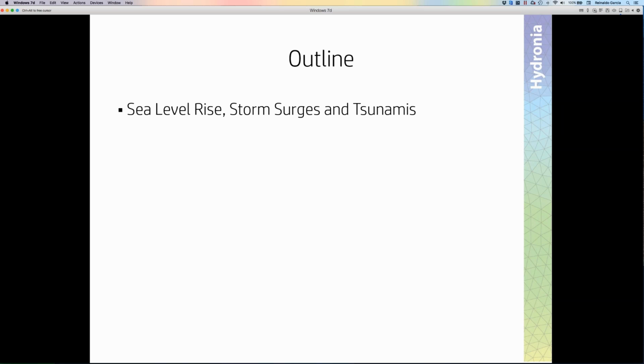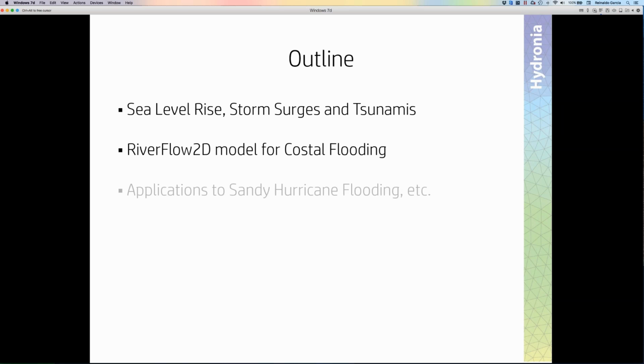So I'm going to center the discussion today on three different sources of coastal flooding. They are not the only ones, but they are very important ones: sea level rise, storm surges, and tsunamis. I will also talk about the tools specific to coastal flooding that are available in the River Flow 2D model.